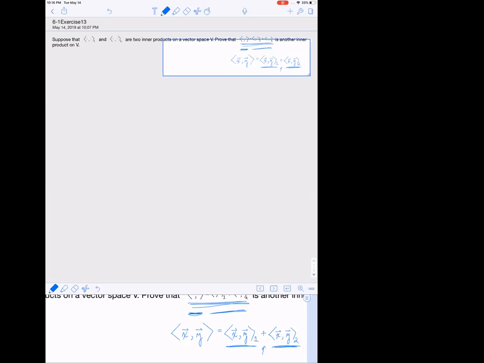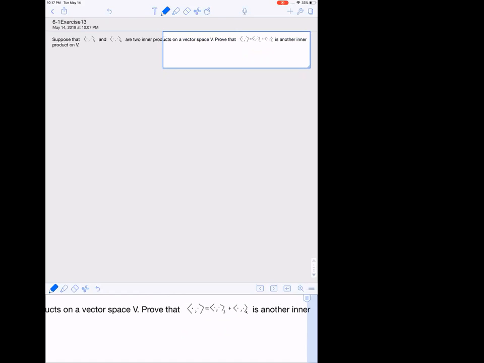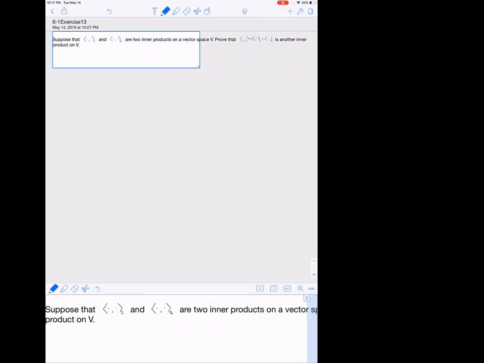So that means that this function now has combined two vectors x and y and assigned an element from the field, a scalar. Great. So that is what this function is doing. Let's undo that to give ourselves some space to work with. So what we want to prove is that the function defined in that way is another inner product on V.